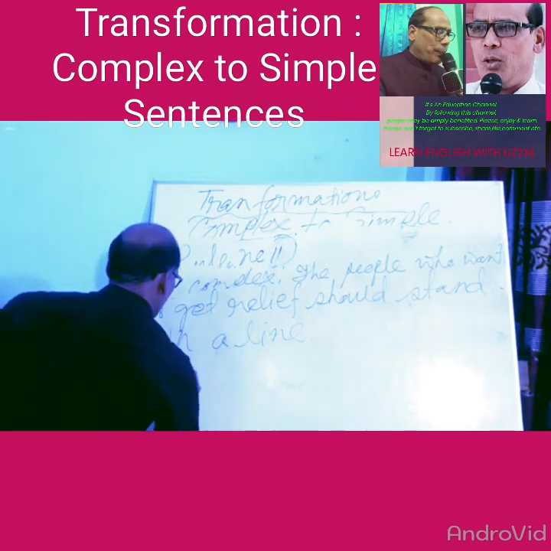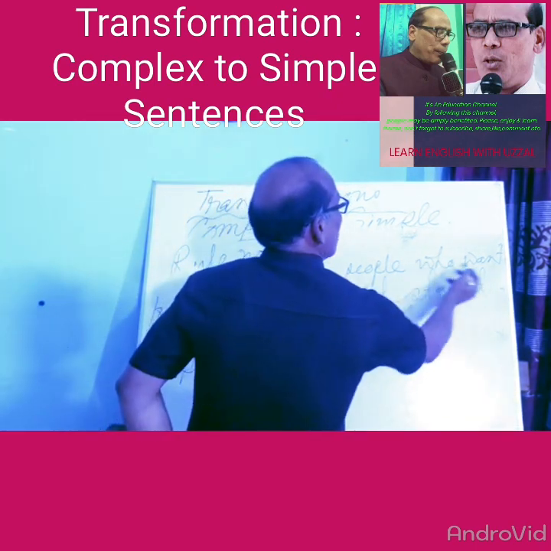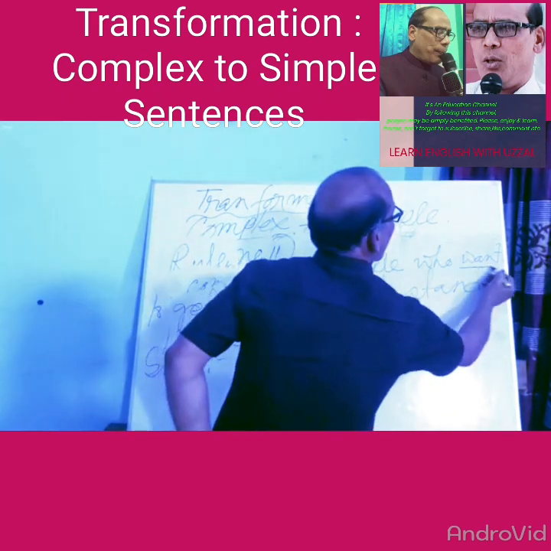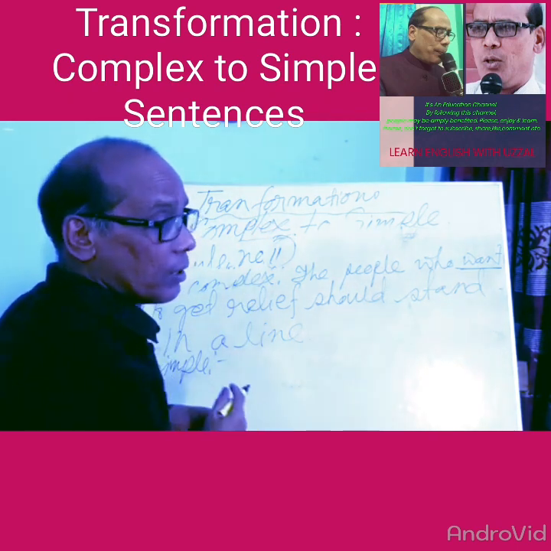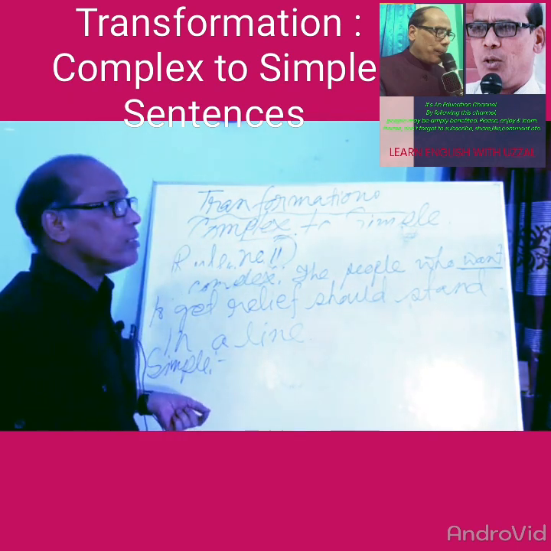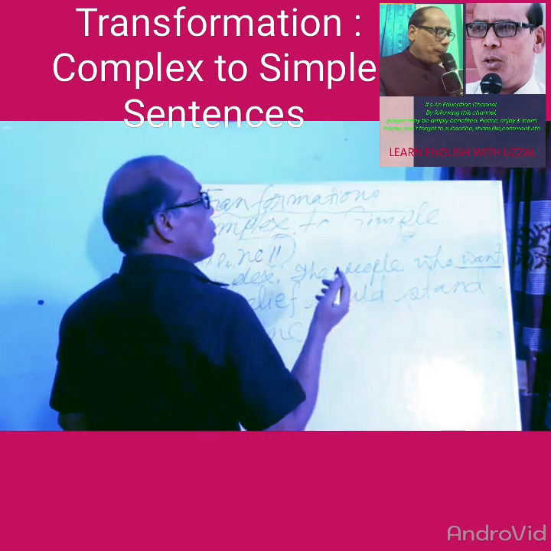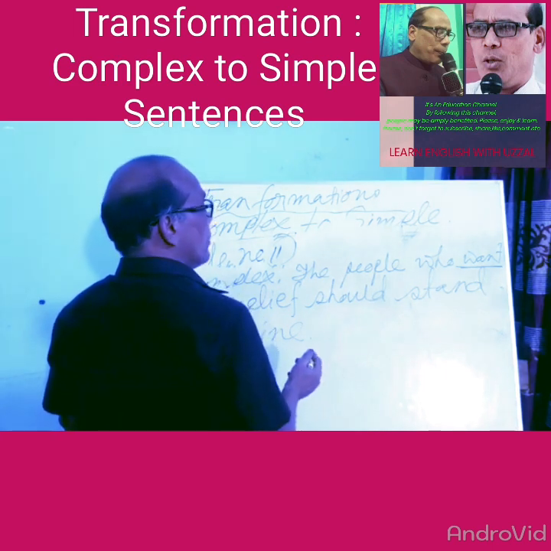Simple. Here you see there is no to be verb. Here the ordinary verb is want. But I have given you the rule that you will have to use ing. So in that case, with which verb should we add ing?